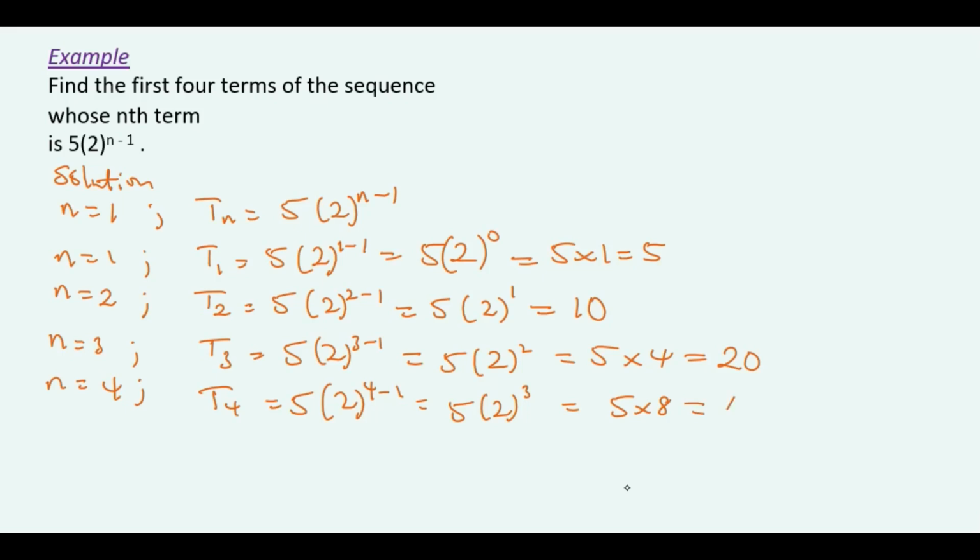So 5 times 8, you have 40. So in this case now, the GP is giving us 5, 10, 20, 40. So you have this as your GP.